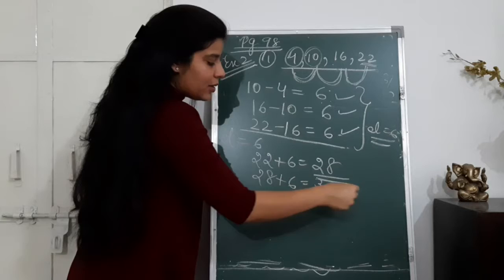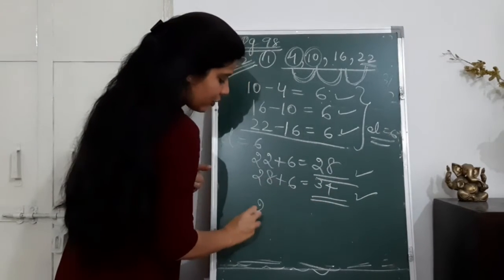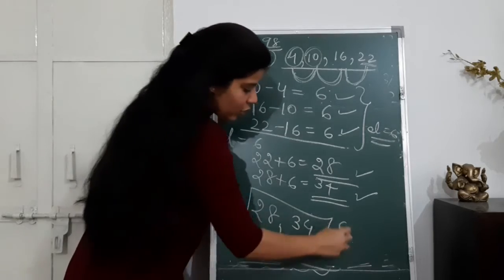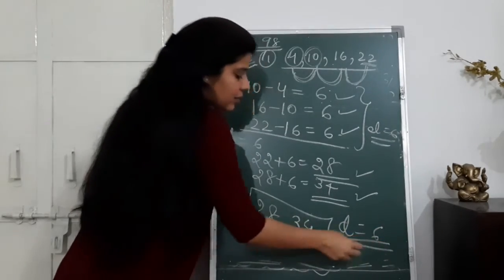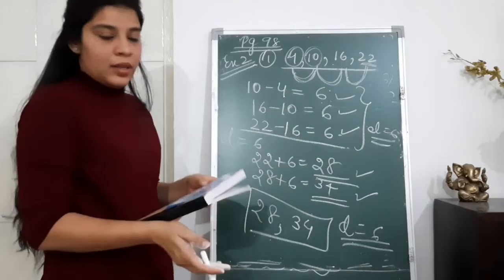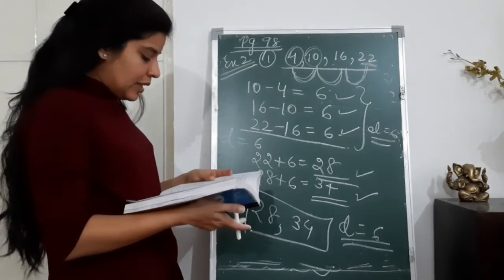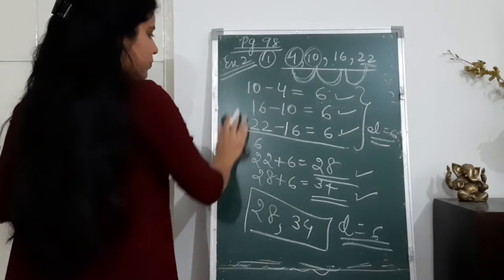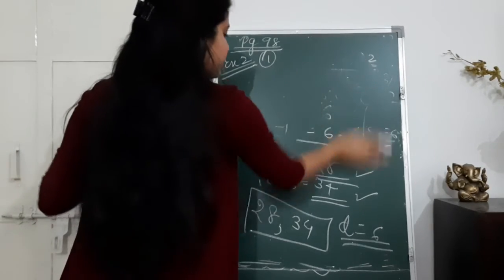So the next two terms for this list are 28 and 34, with a common difference of 6. Okay. Now let's go to the next question of this very example.